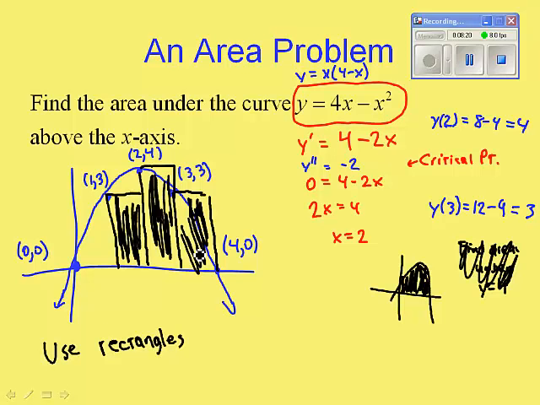And I claim that if I add up the areas of those 3 rectangles, that would be an approximate value for the area under the curve. Let me do that real fast.